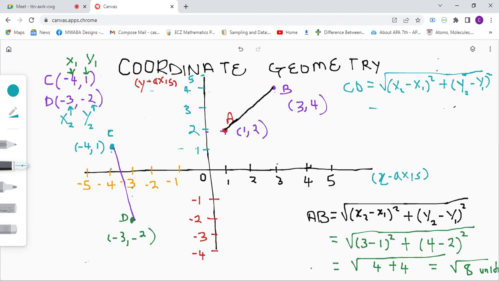So our x2 is -3, so -3 minus -4, our x1 is -4, squared, plus our y2 is -2, -2 minus our y1, which is 1, squared.